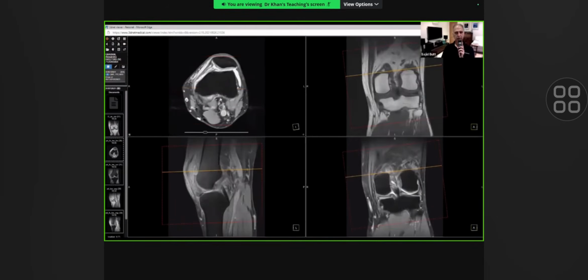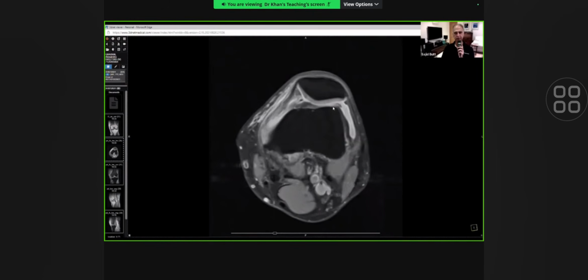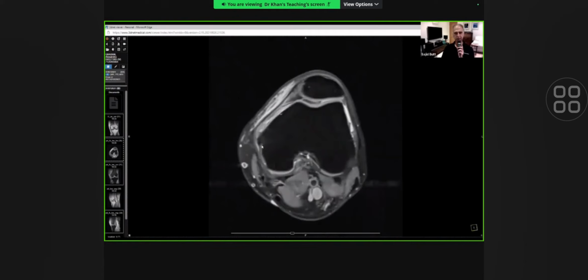Then we look at the axial imaging. Extensive soft tissue edema on the medial side, so there has been injury to the medial patellar retinaculum. The patella does have a lateral subluxation. There is a little bit of knee joint effusion. As we come down on the medial side, we've got edema around the femoral attachment of the MCL.